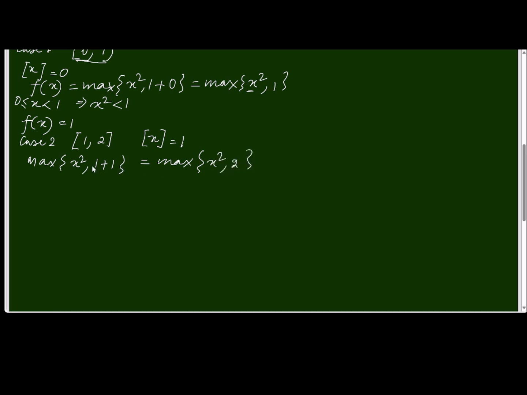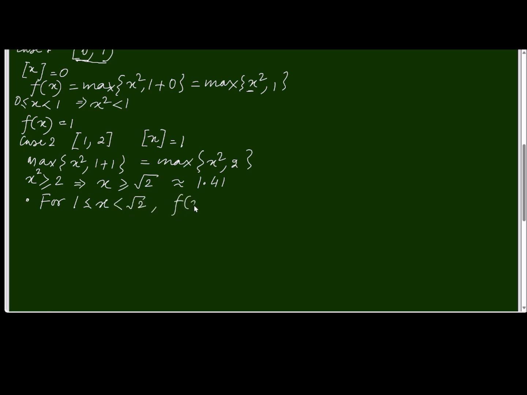So here again we will find two intervals. What if x square is greater than or equal to 2? At that time x is greater than or equal to square root 2, which is approximately 1.41. So here there are two cases. One is for x greater than or equal to 1 and less than square root 2.